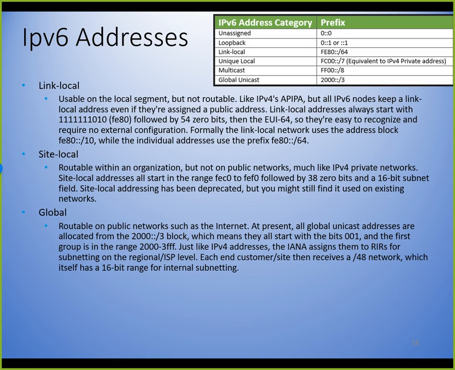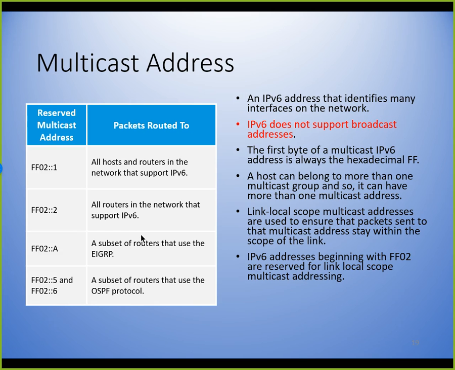And every IPv6 address is a global routable address. Every device that gets IPv6 gets a global routable. We still have the site local and link local additional addresses, but there is no NAT, there is no private addresses in IPv6.